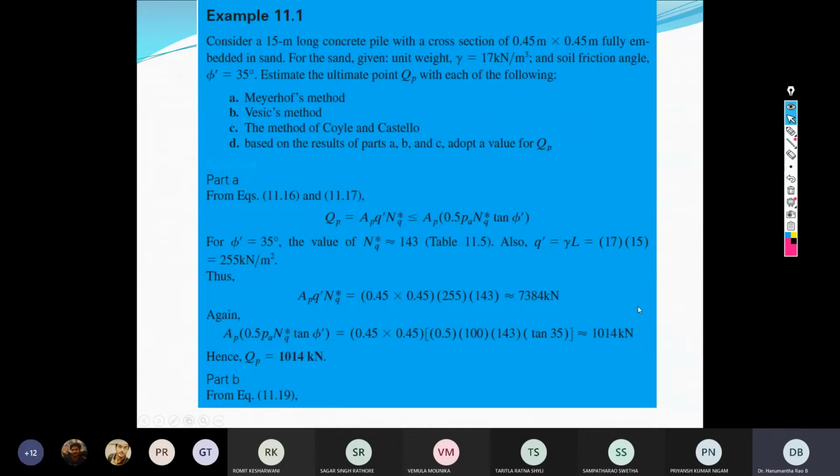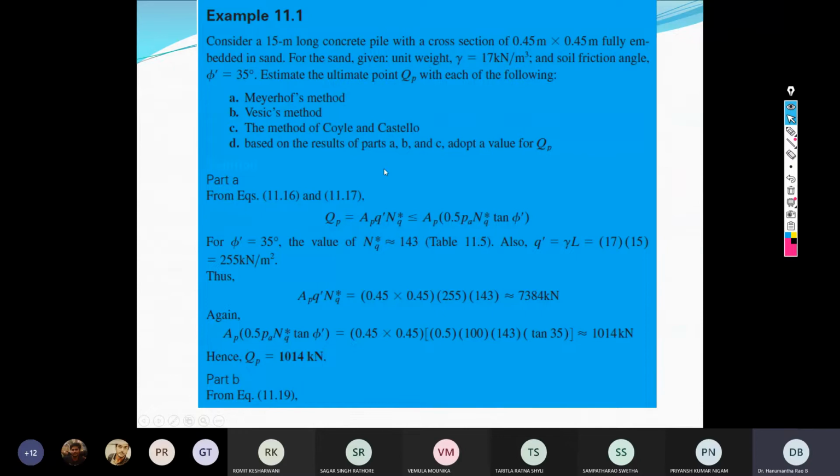What we get is 1014 kilonewton. Since 1014 is less than 7384 kilonewton, as per Meyerhof, Qp shall be considered as Q limited, that is 1014 kilonewton. So this is the solution by the Meyerhof method.